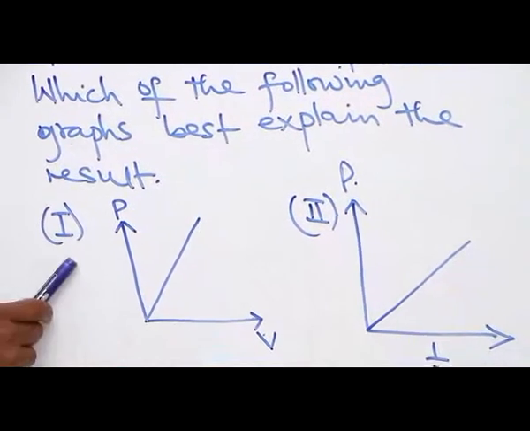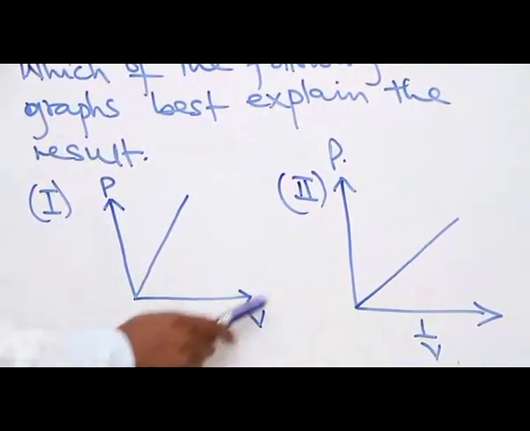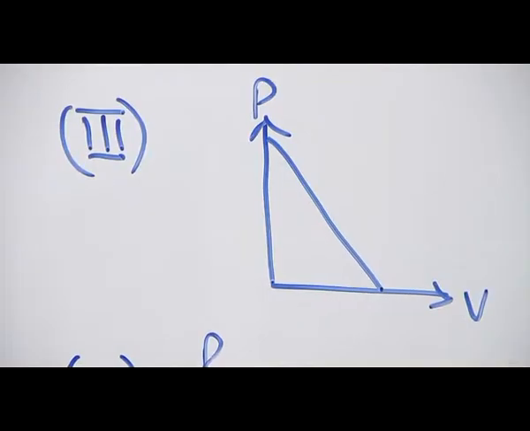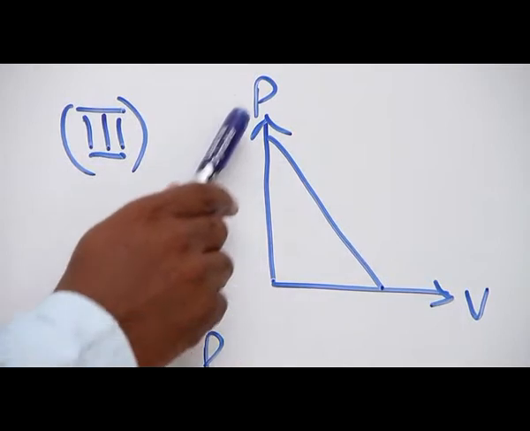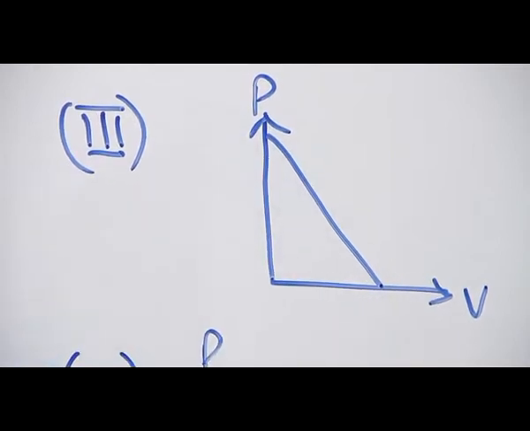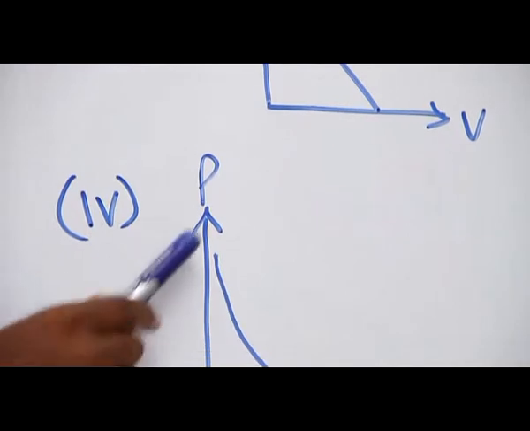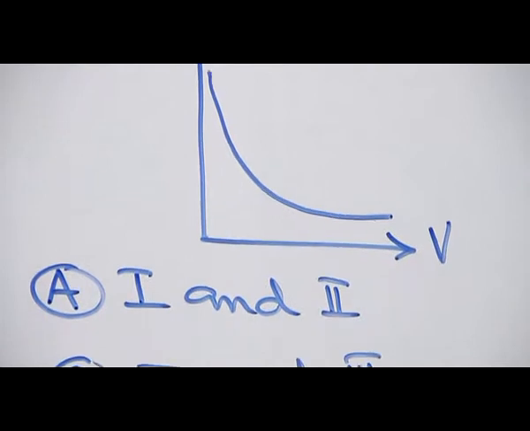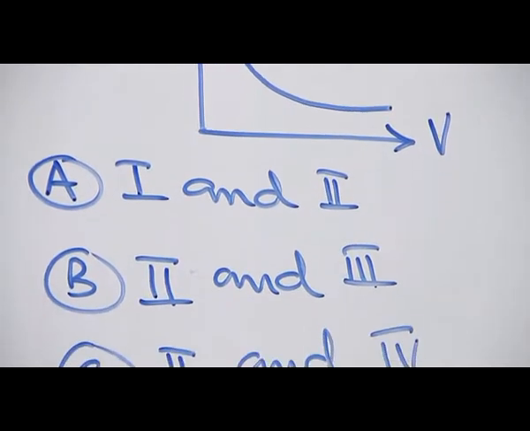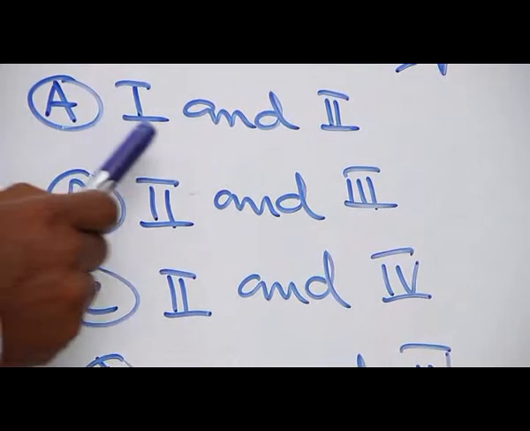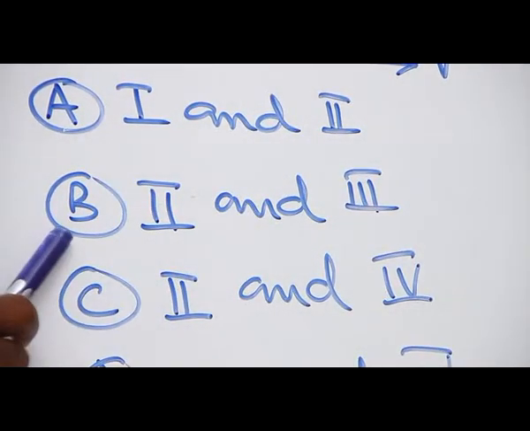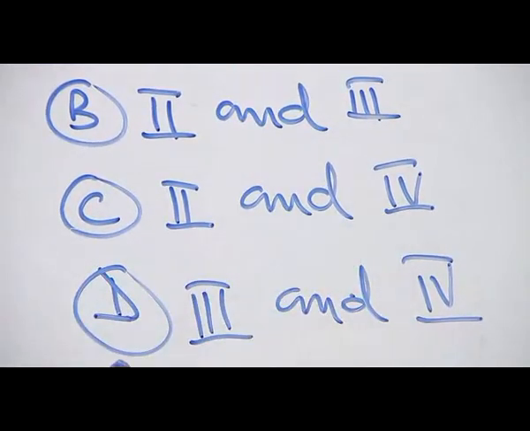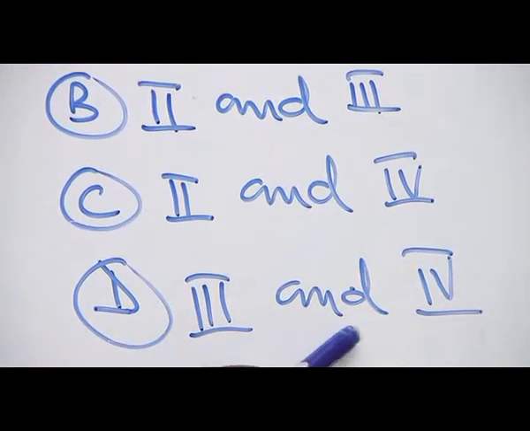We have graph 1, graph of pressure against volume; graph 2, graph of pressure against the reciprocal of the volume; graph 3, graph of pressure against volume; and graph 4, graph of pressure against volume, a different pattern. The options are A, 1 and 2; B, 2 and 3; C, 3 and 4; D, 3 and 4.